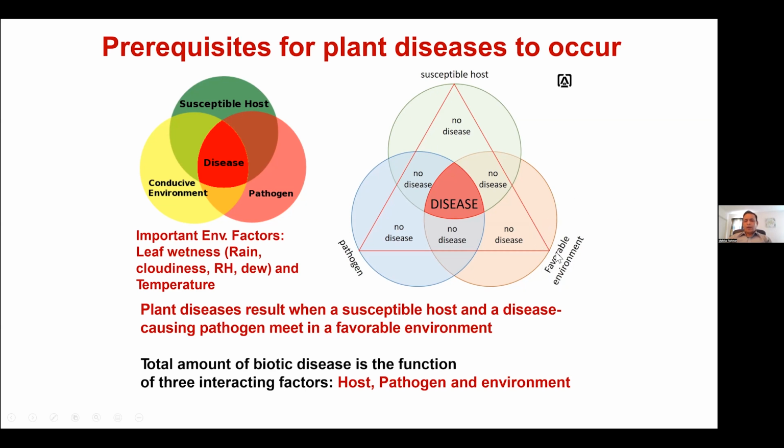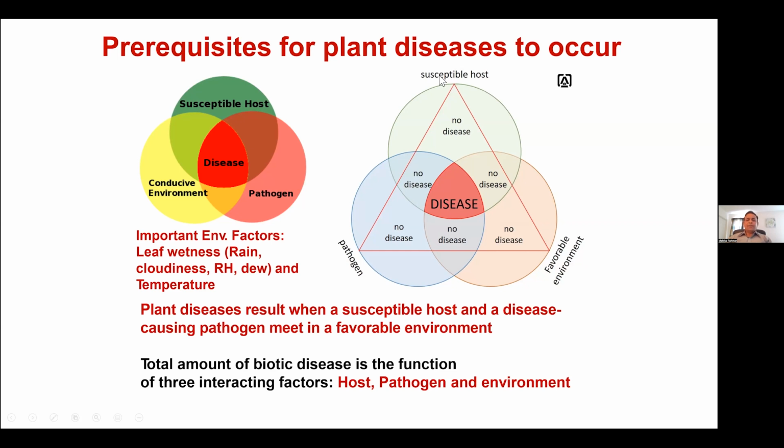This is the environment where we are growing. And obviously, if it's an outdoor environment, temperature, rain, and other things are not within our control. So there are some environmental factors that favor especially fungal pathogens to multiply very quickly. We call them a favorable environment or conducive environment, okay?